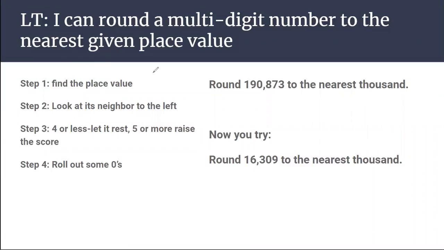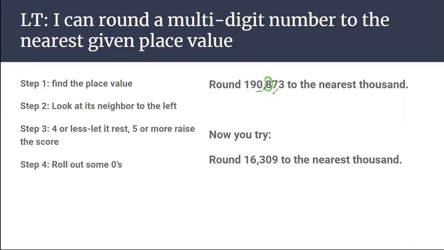That's finding the place value. So hopefully you already wrote this out, you found step 1. I'm going to find my step 1. That's my thousands place. So I have the digit 0 in there, okay? And then I'm going to look at its neighbor to the left, okay? So I am going to circle, and you should be doing this as well.